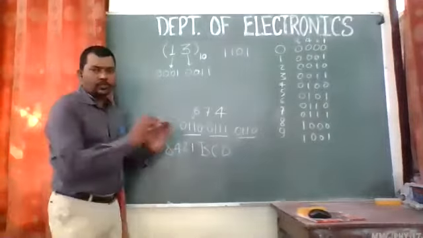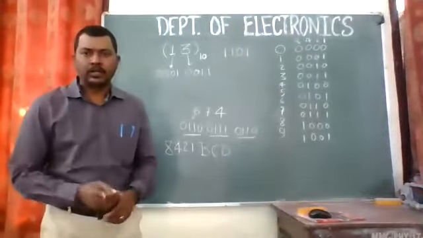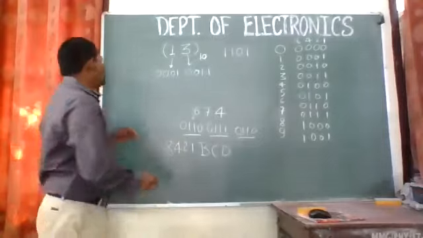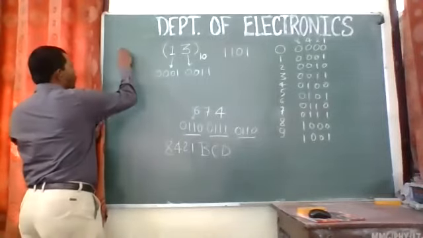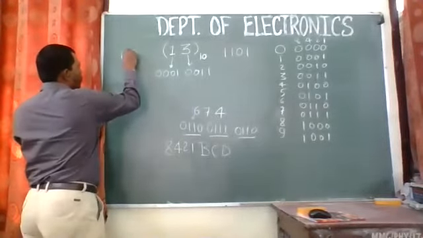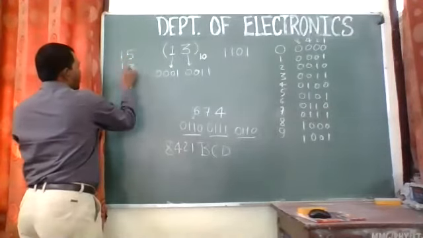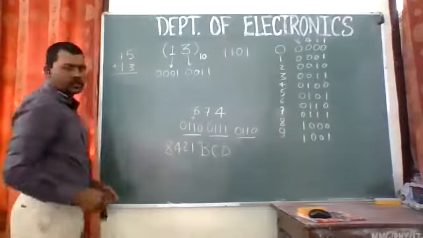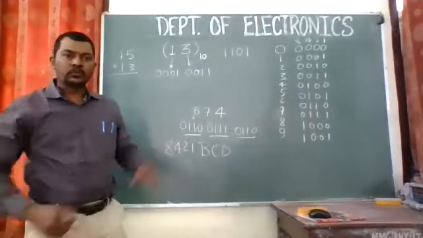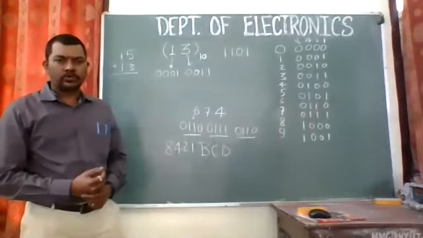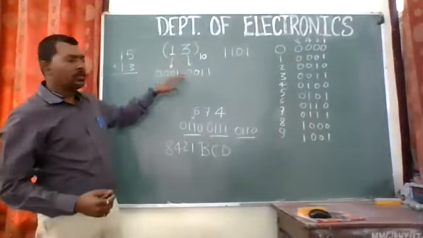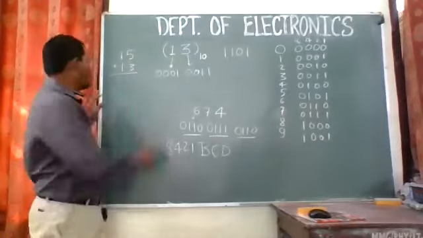Good, great. So there is one simple numerical. I need to add 15 and 13 using this 8421 BCD code. I have converted 13 over there. Just convert 15 and then we'll add.